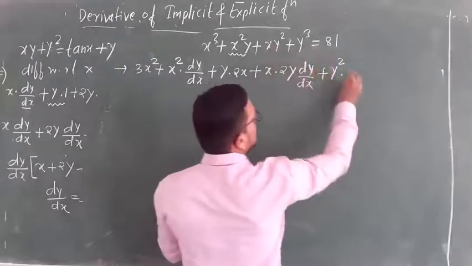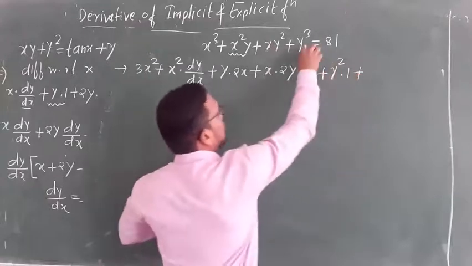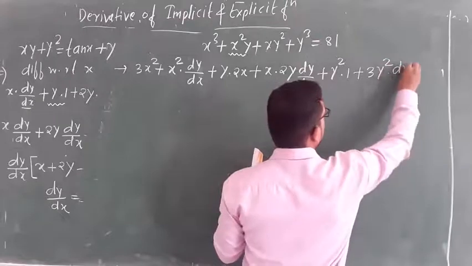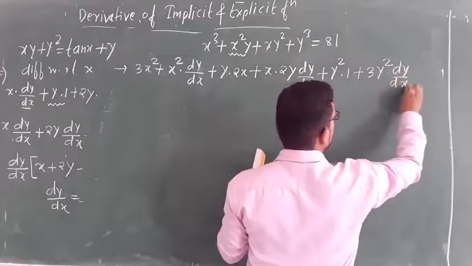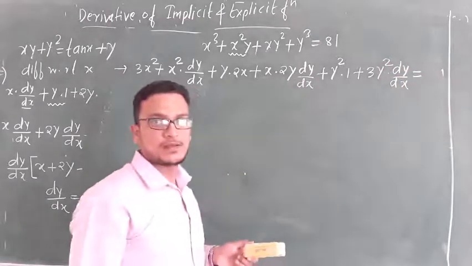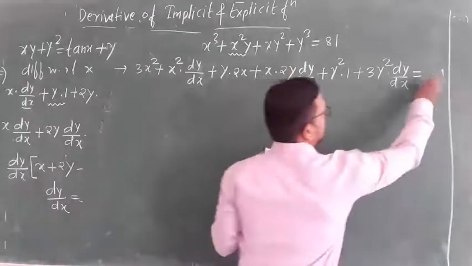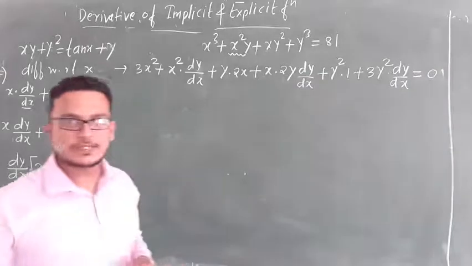So derivative of x is 1, plus y cube derivative is 3y square. Again y is a function, so it is dy by dx, which is equals to, now RHS is 81. 81 is a constant whose derivative is 0.